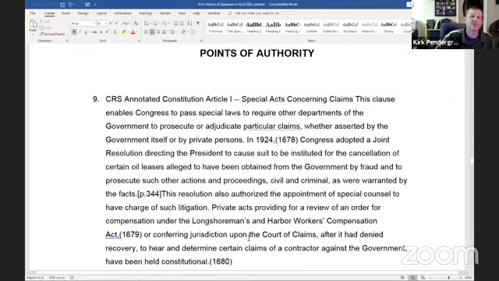Here's some more points of authority. That's where I go to law.cornell.edu. This is the annotated Constitution. Special acts concerning claims. This clause enables Congress to pass special laws to require other departments of the government to prosecute or adjudicate particular crimes, whether asserted by government itself or by private persons.